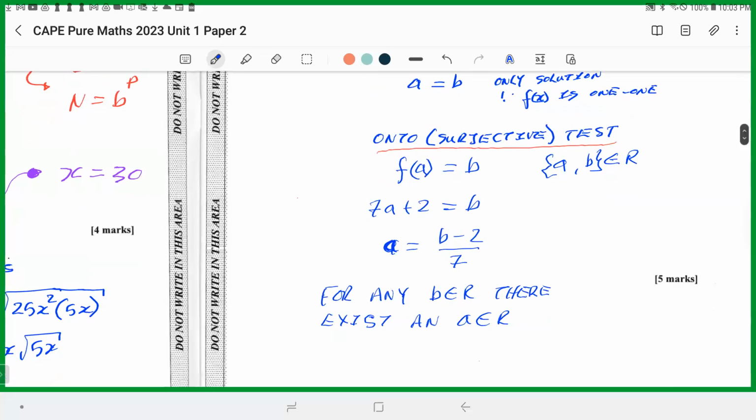So in other words, there's no codomain value that doesn't have an a value mapping onto it. All right? So that means that the function is surjective. There's a statement you have to write now. For any b value that is real, there exists an a value that is also real, which therefore means that f of x is surjective.